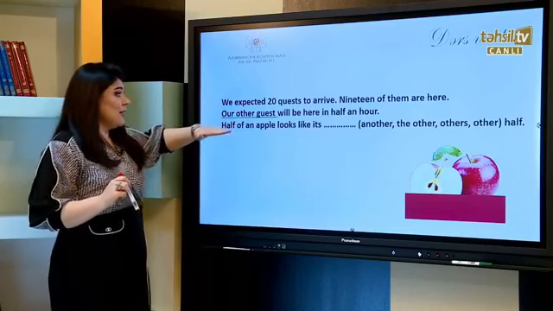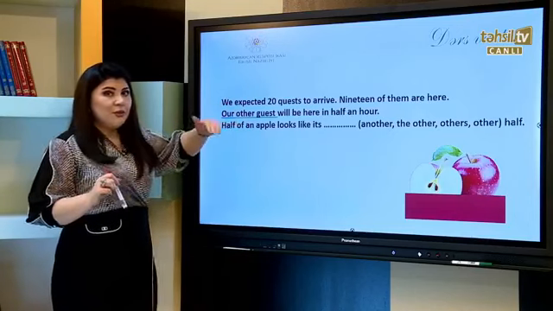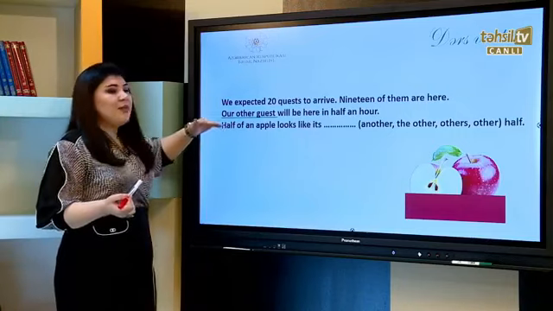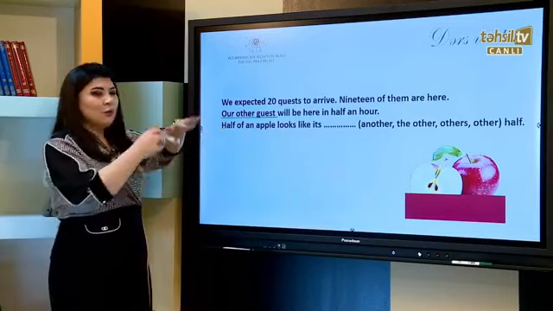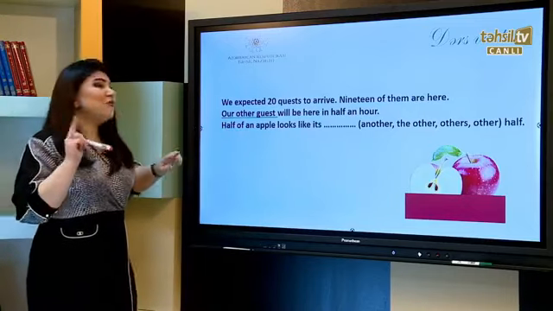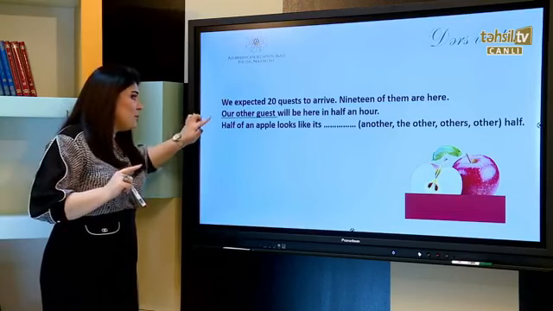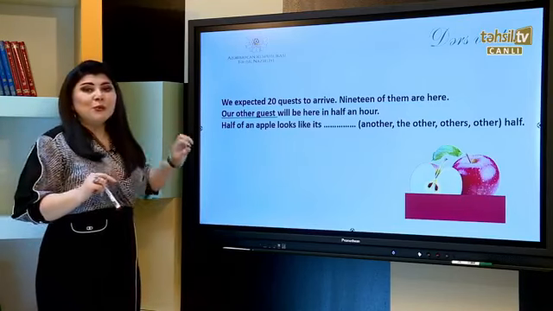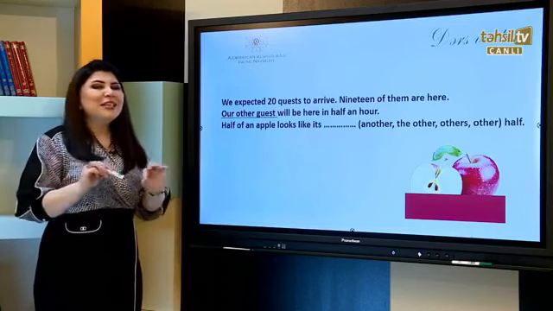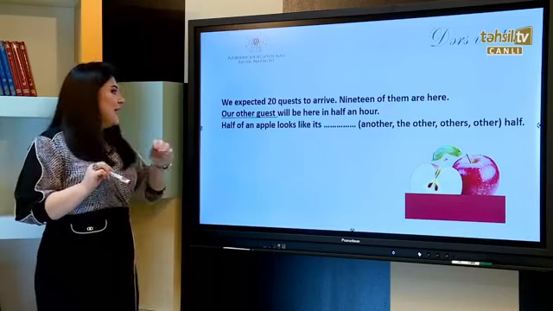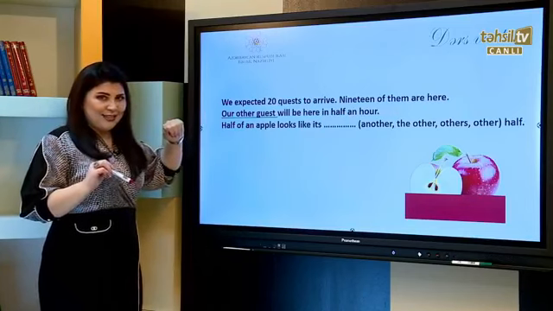Why I said our other guest? Because before I have explained to you that we could say the other guest, because out of 20, yes, the other. But these students, please remember, here I have used possessive pronoun. When we use possessive pronoun, we never use the article. We like swallow it, okay? So our other guest.